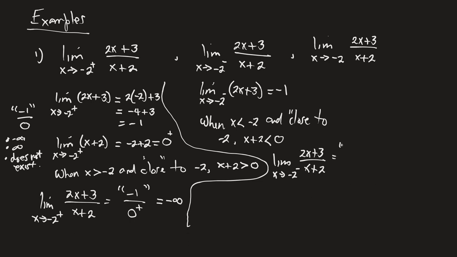This, and again I put this in quotes, the numerator still approaches -1. The denominator still approaches 0, but it's now from the negative side, right? Because if you start with a value of x that is less than -2, then x plus 2 would have to be a negative number.